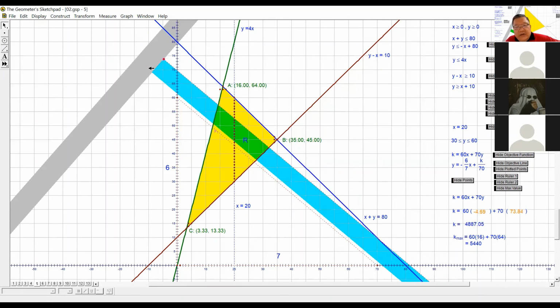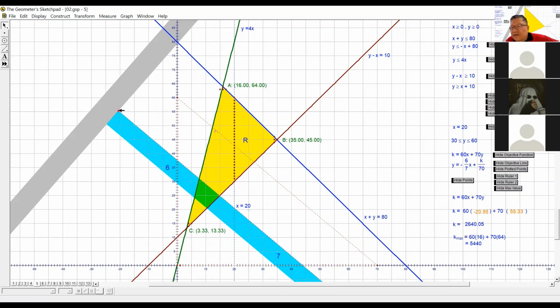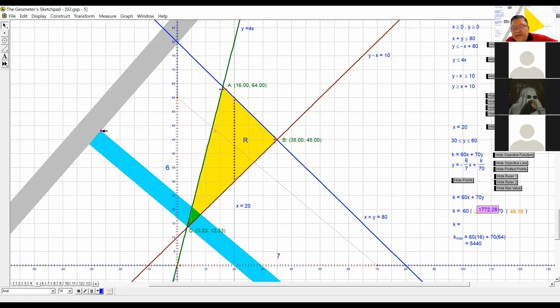As I slide this ruler along, you can see the value of k changes as the points change. Here, this is the minimum one, around 1,126. This is the minimum fees collected.